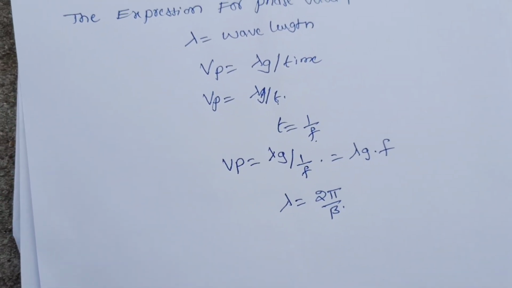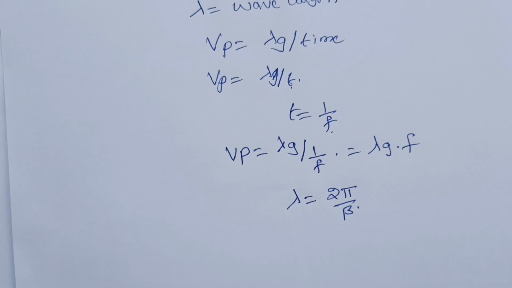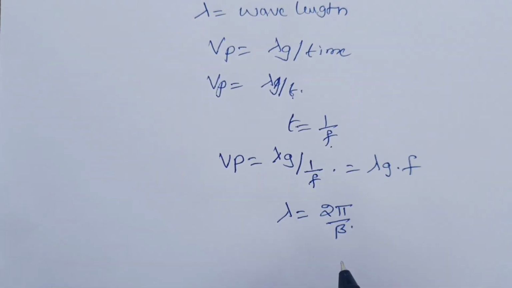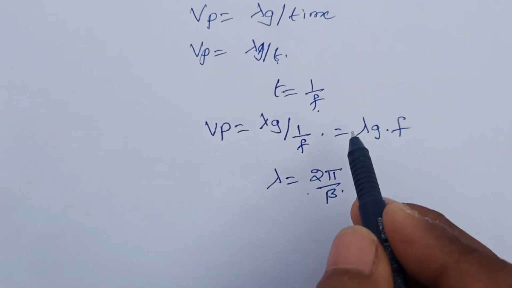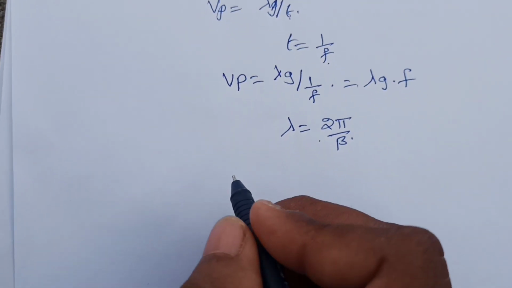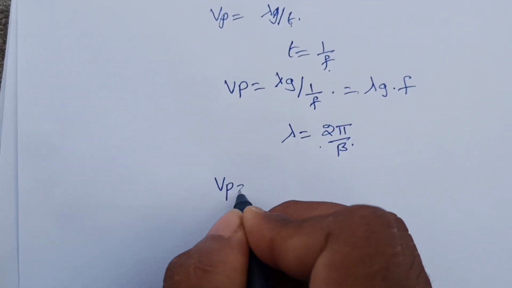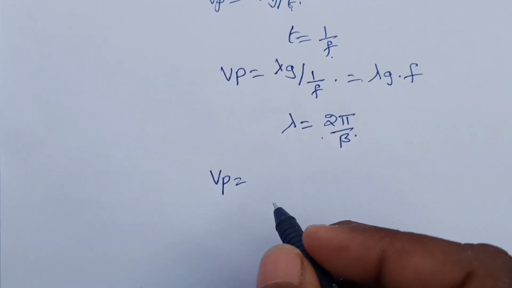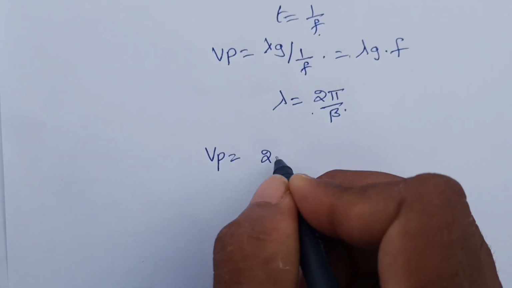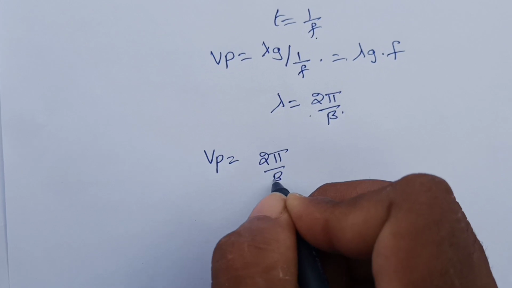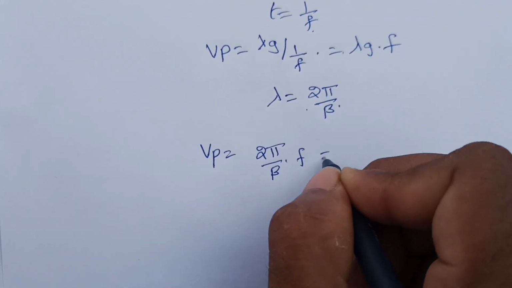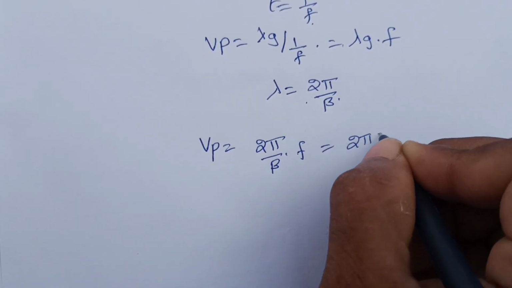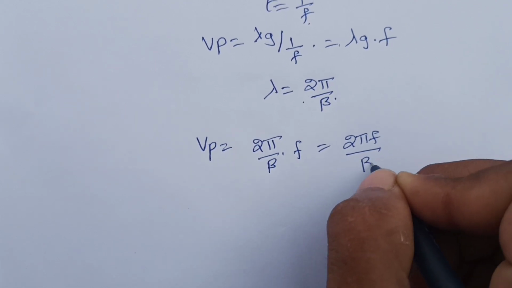So we substitute the lambda value in the above equation. Then vp, the phase velocity, is equal to 2 pi by beta into f, so 2 pi f by beta.